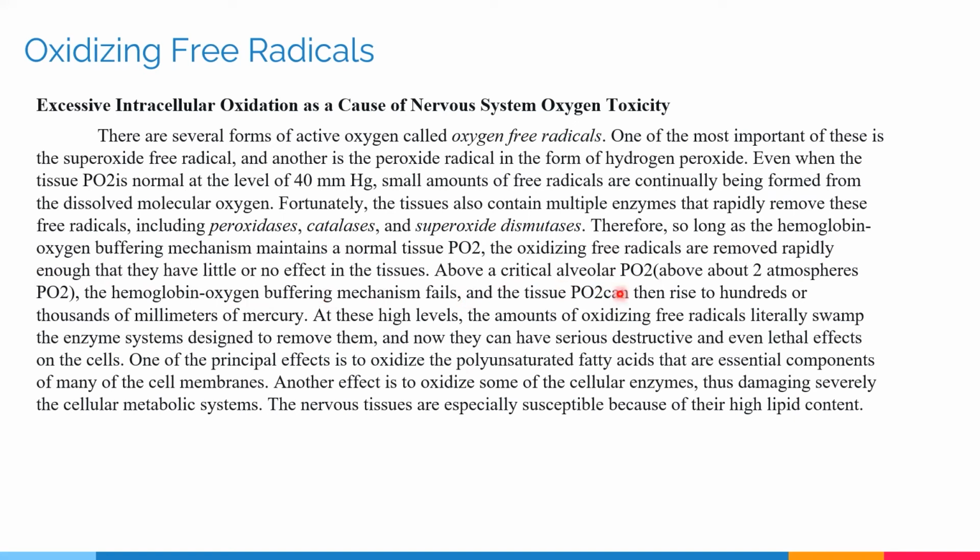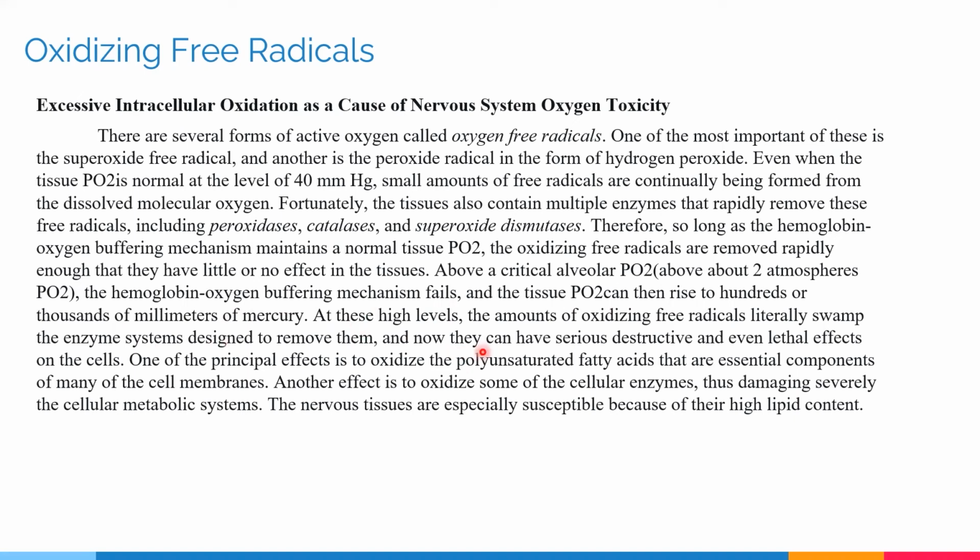Above a critical alveolar PO2, that is above 2 atmospheres of PO2, the hemoglobin oxygen buffering mechanism fails, and the tissue PO2 can then rise to hundreds or thousands of millimeters of mercury, similar to the example that we have just seen.